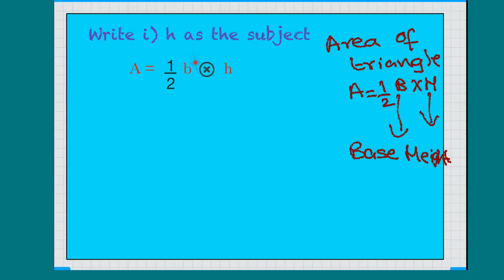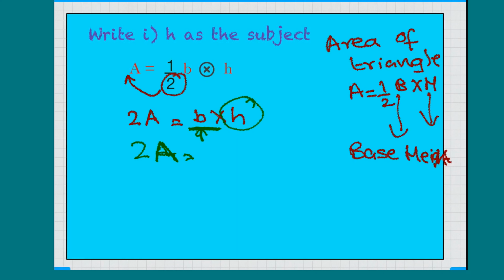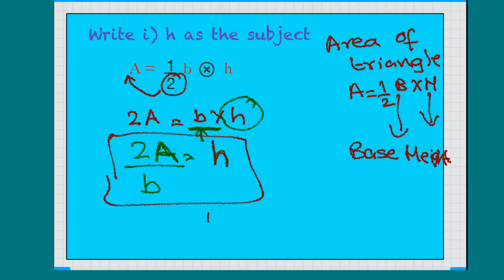This B is multiplying on this side, so we would divide it on the other side. So this B comes down: 2A over B equals H. So that's how you make H the subject of this expression. You can also write it as H equals 2A over B, which is the same thing.